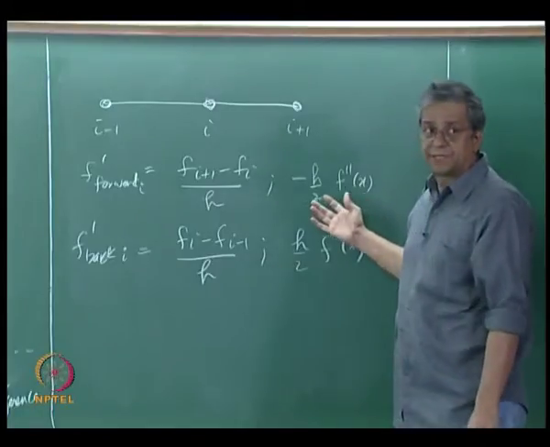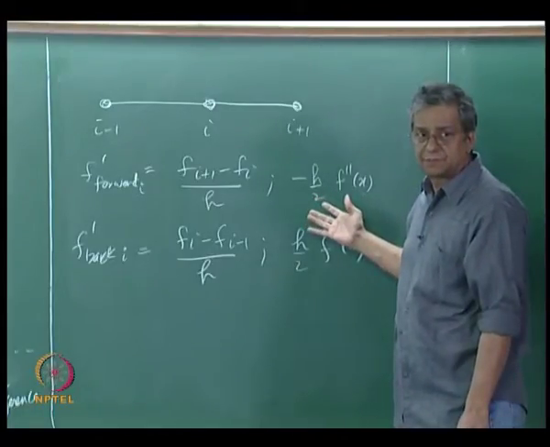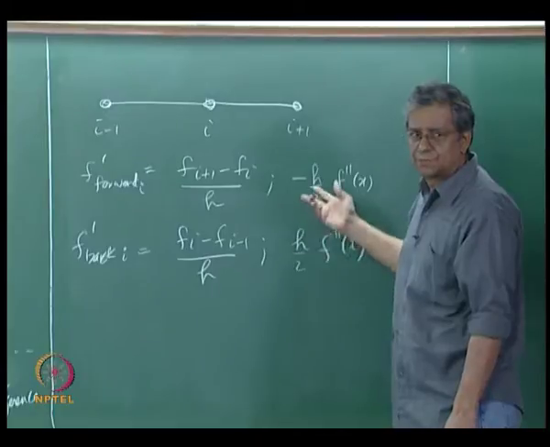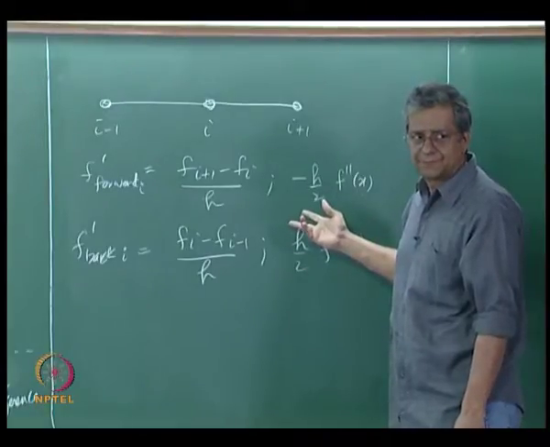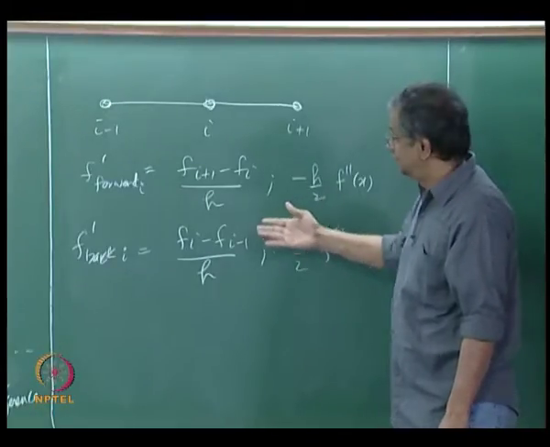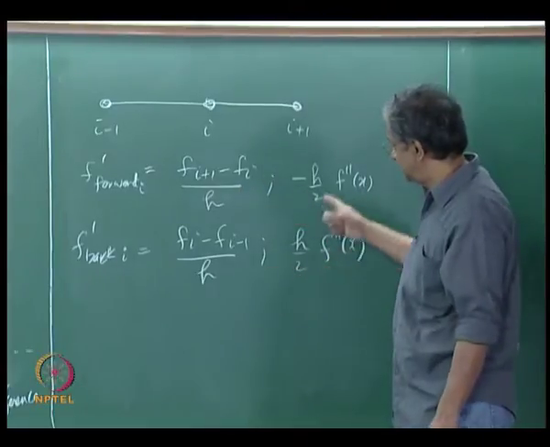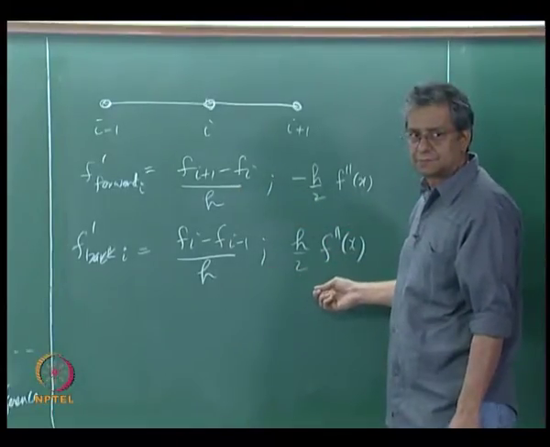Is it possible for me to get a better approximation if I give you these two? It looks like if I add this estimate and that estimate, this error will just cancel. You understand?